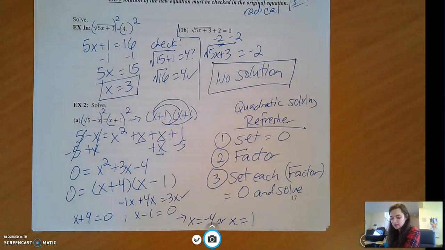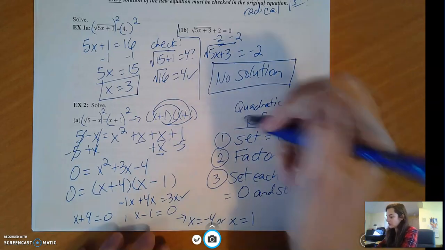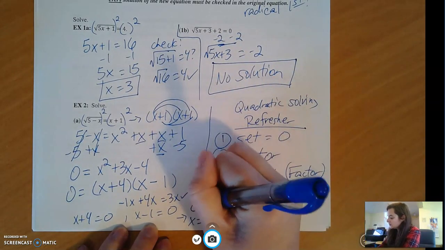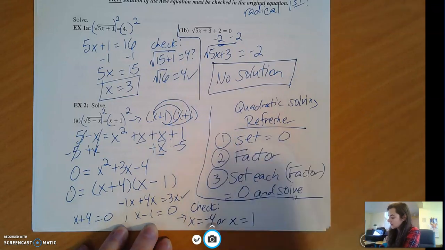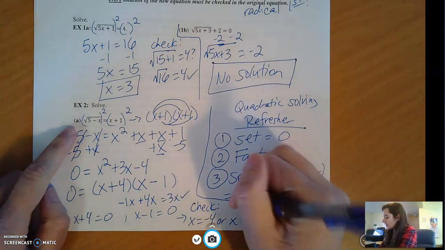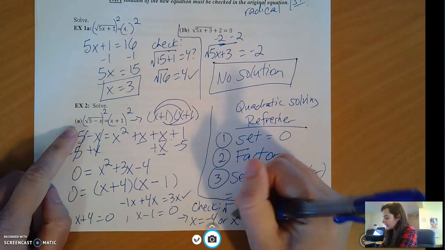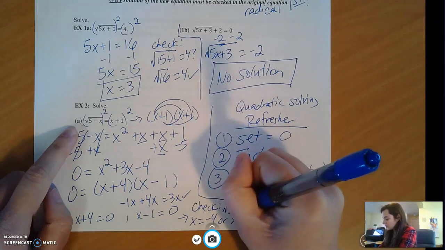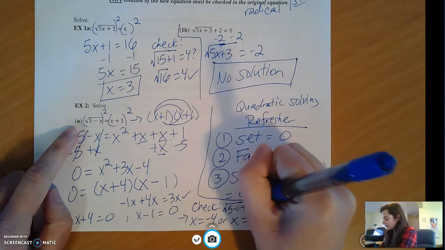And yet again, I should probably check my answers. So let me box this off so I have some room to check. Okay, so checking both answers. Let's plug in negative 4 first and just see how that goes. On the left side, I have the square root of 5 minus x, so 5 minus negative 4.